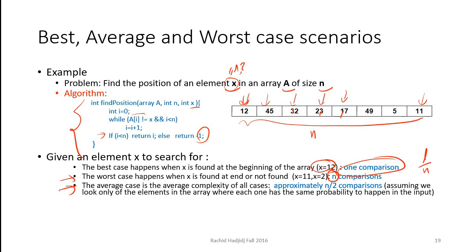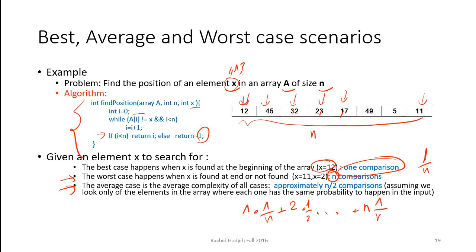Now, to compute the complexity, the average complexity is going to be what? It's going to be the complexity for each one times the probability of occurrence of each one. So the complexity of value 12 is going to be 1 times the probability of the occurrence of 12, which is 1 over n, plus the complexity of 45, which is 2, multiplied by 1 over n, etc. And the complexity of the last value, 11, is going to be n operations.